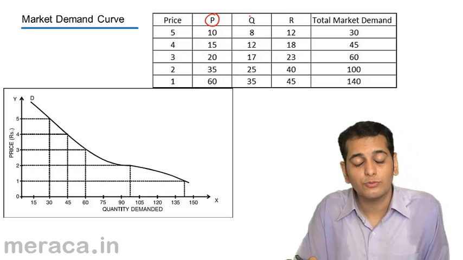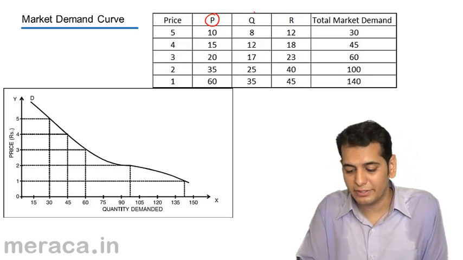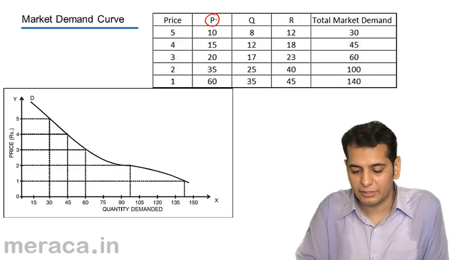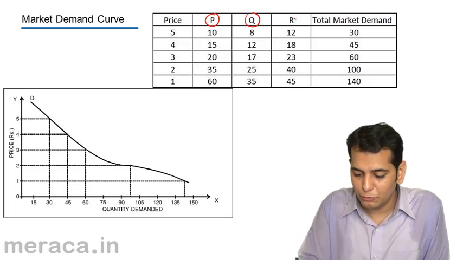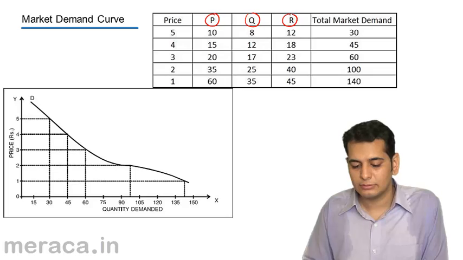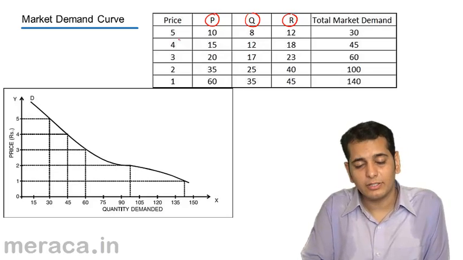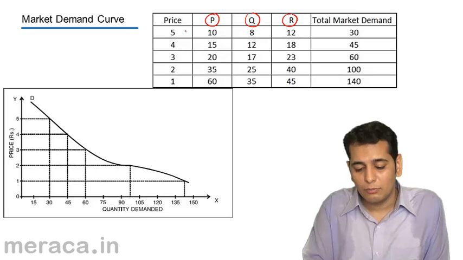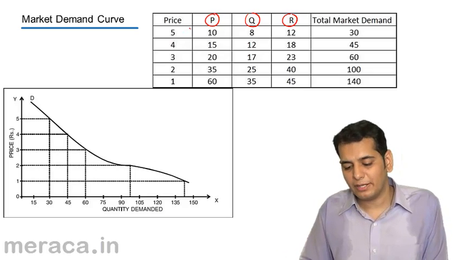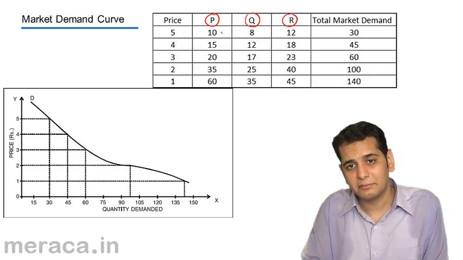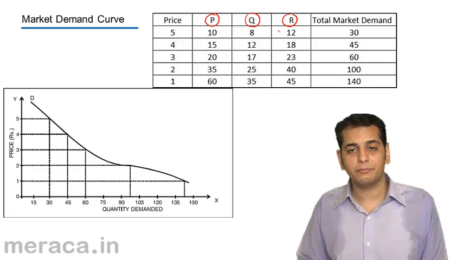For our convenience, let's assume there are three buyers in the market: P, Q and R. Like in the last example, we have taken 5 cases wherein the price is changing. Let's see the effect of change of price on the quantity demanded by these 3 persons.